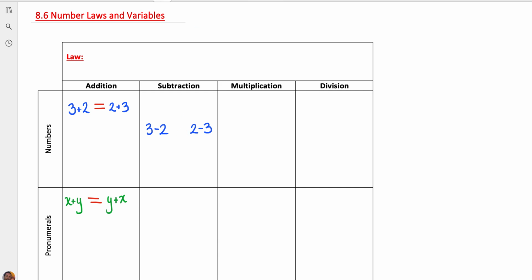So no, in this case, it's not. And if it's not true in numbers, it's not going to be true with variables either. So x take away y and y take away x are not the same.